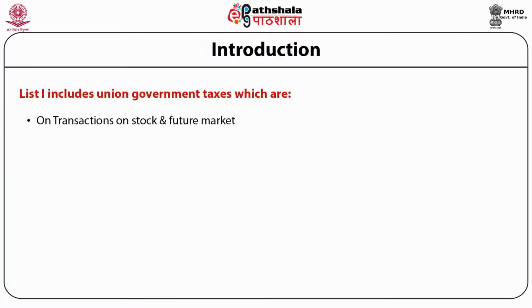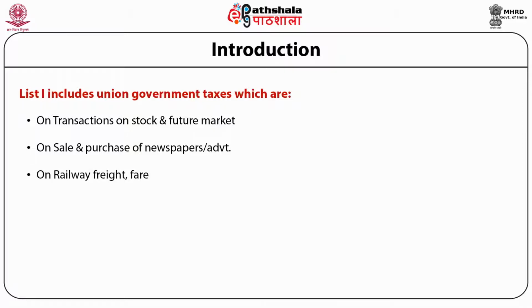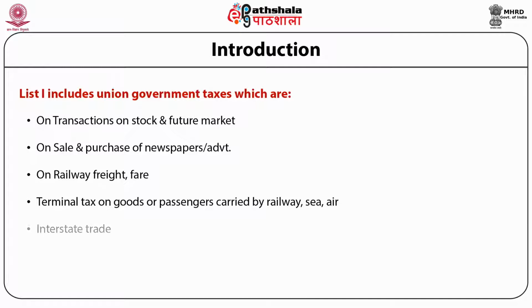List 1 includes taxes on transactions on stock and future market, on sale and purchase of newspapers, advertisement, on railway freight fare, terminal tax on goods or passengers carried by railway, sea or air, interstate trade, corporation tax, etc.